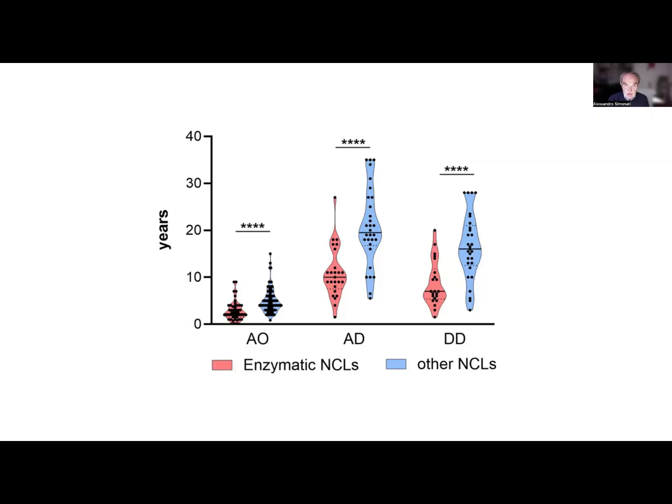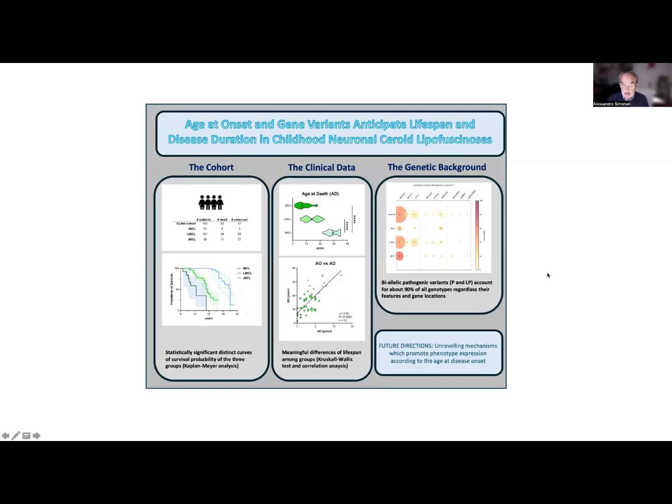In conclusion, this study has shown that the lifespan correlates with the age at onset, only partially with the mutated gene, but not with the pathogenicity scores. Age at onset correlates with age at death and disease duration.